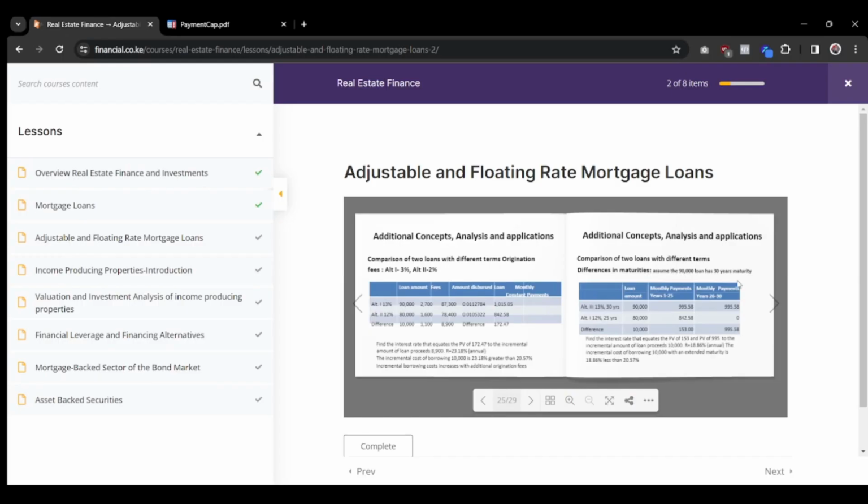Now let's look at another example. So in this example, we have a difference in maturities. So let's assume the 90,000 loan has 30 years maturity. So let's jump into Excel and do this practically.